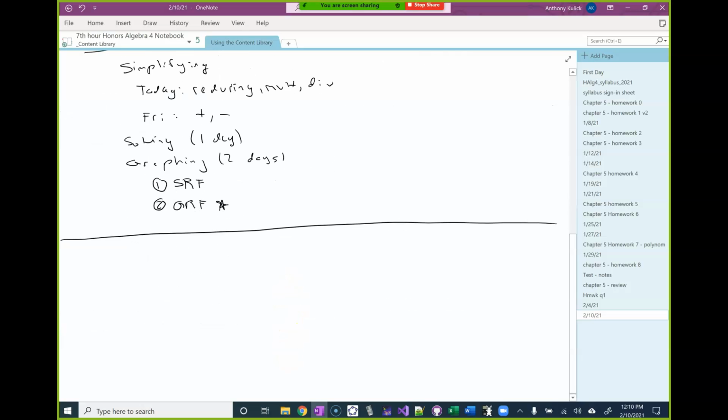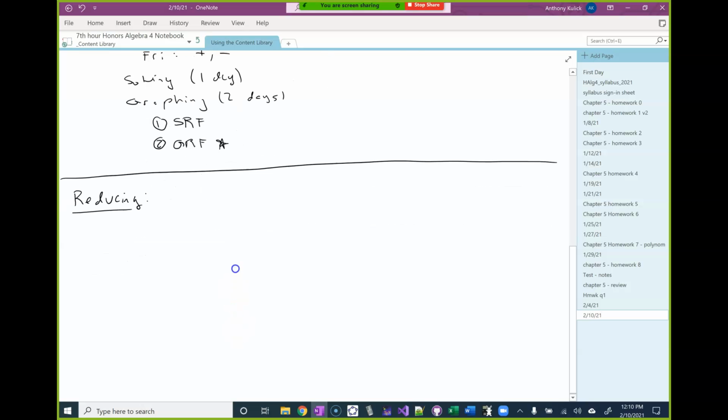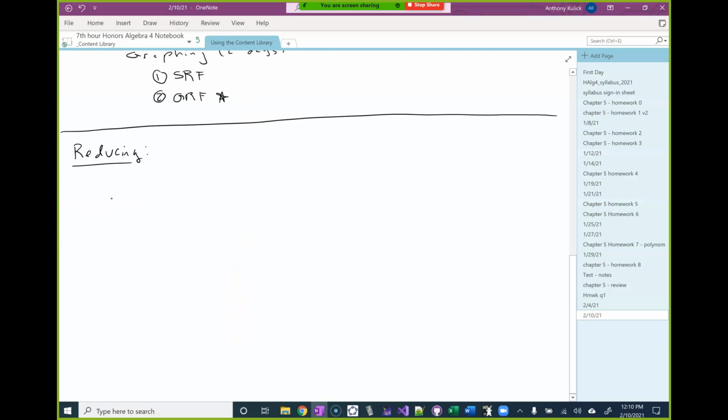Okay, so we have 3 topics to talk about today: reducing, multiplication, division. So we'll start talking about reducing here. Reducing a rational function is basically the same idea as reducing a fraction.